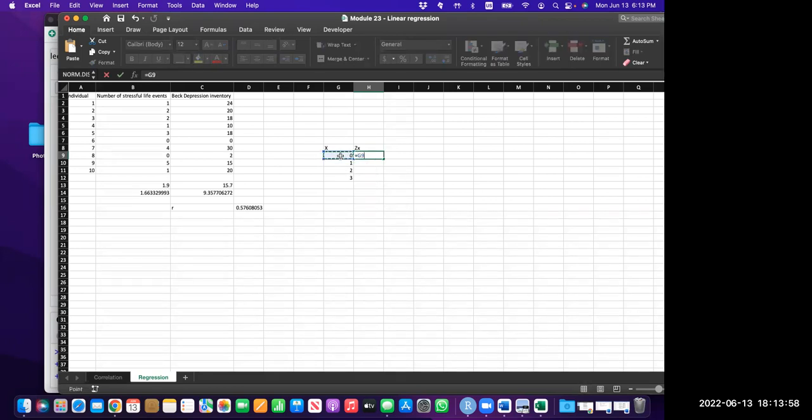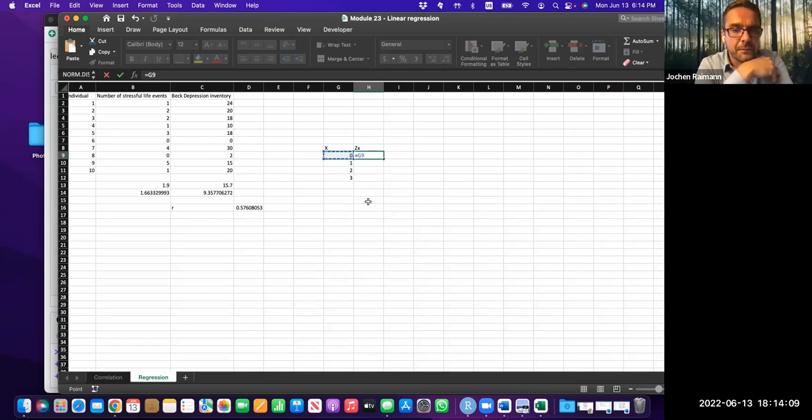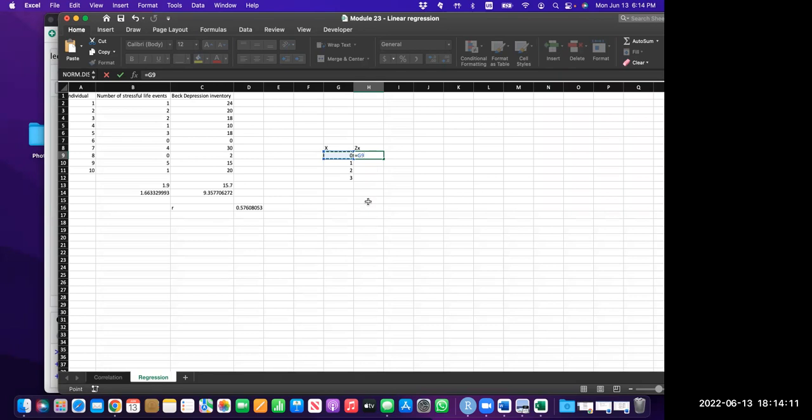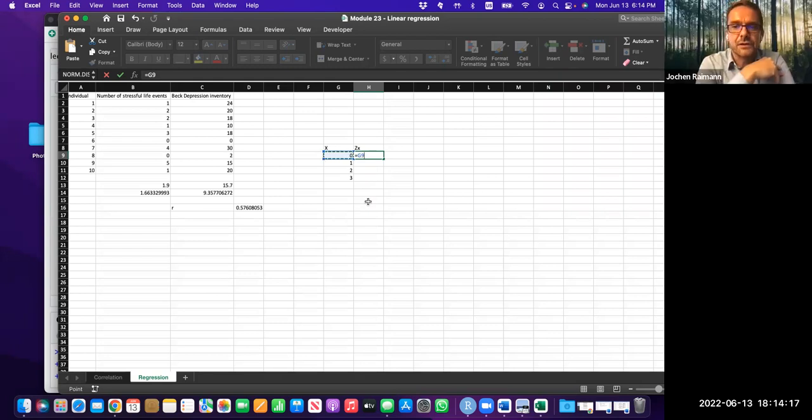Just to clarify, Professor, the depression inventory is the y? Yes, the y-axis is the depression inventory, and the x is the stressful events. Sorry, I'm jumping back and forth because I wanted to focus on the calculation.